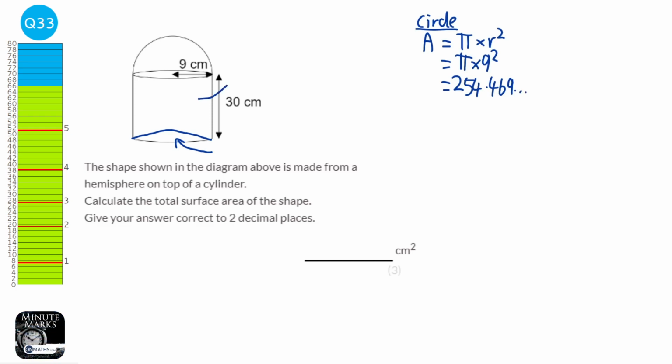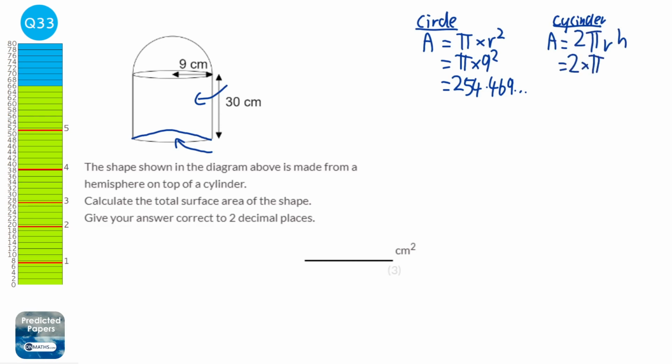Next bit is the curved bit of the cylinder. So we're going to do the cylinder next. And it's just the curved bit, and the formula for that is 2 pi r h.